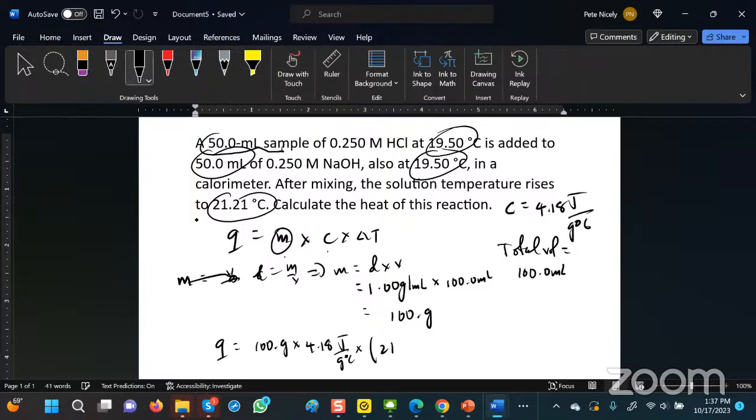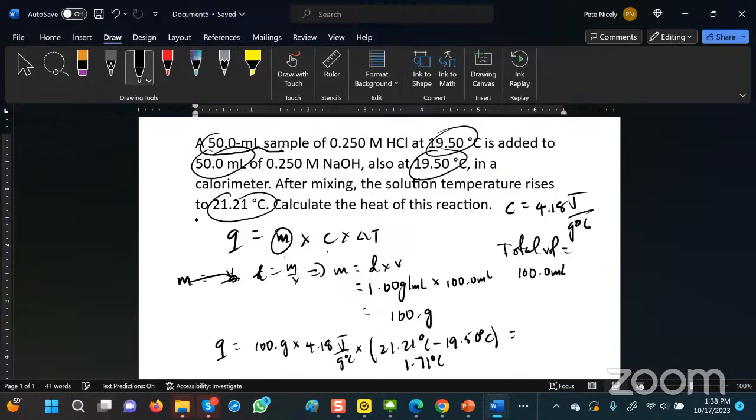So we're going to have 21.21 degrees Celsius minus 19.50 degrees Celsius. And let's see what that gives. So that's 21.21 minus 19.5. So this part gives 1.71 degrees Celsius.